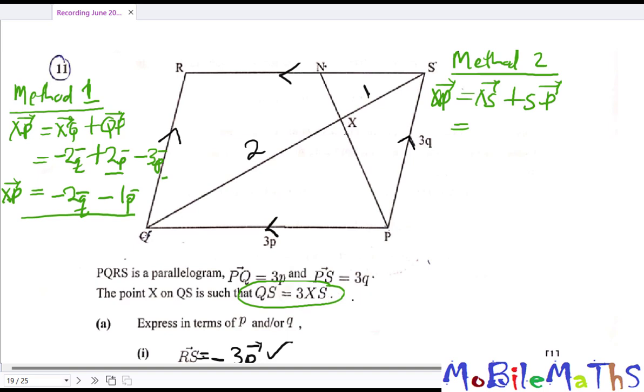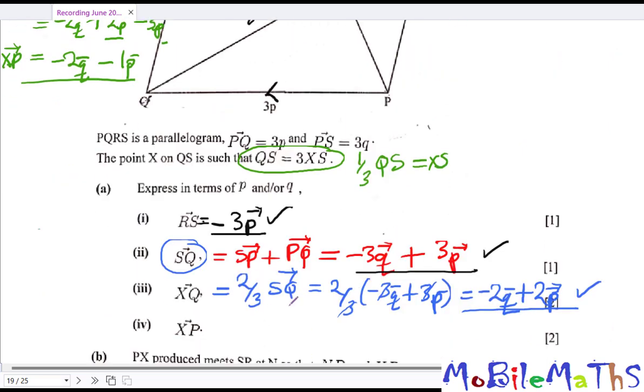XS is going to be 1 over 3 of QS. That's going to be my XS here. Okay, so I don't have XS per se. What do we have? Sorry, we have got SQ.